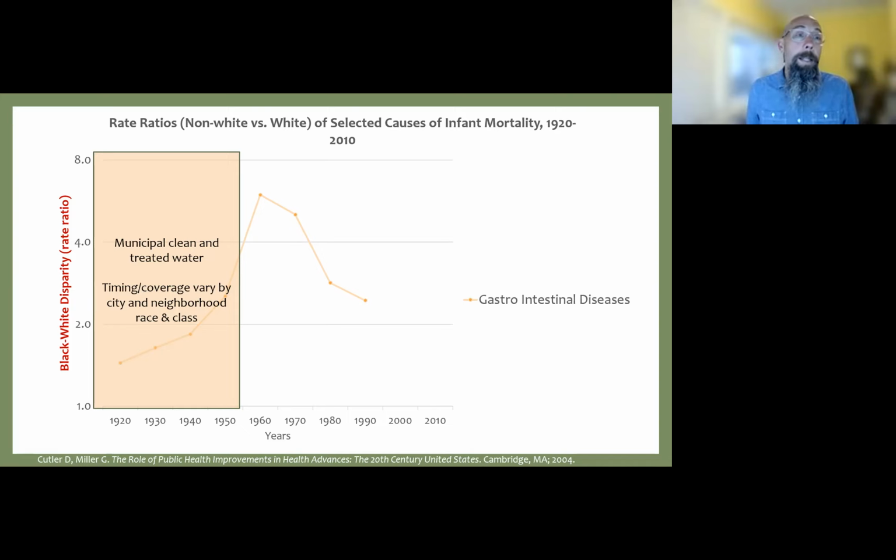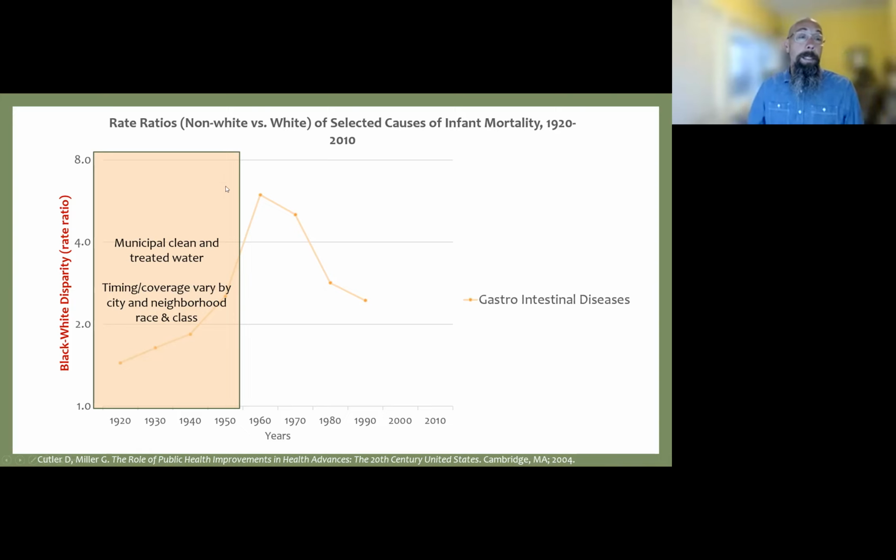And immigrant neighborhoods, communities of color, low-income neighborhoods got services later. So essentially, the reason this disparity shoots up is because infant mortality from gastrointestinal disease declined among white babies while it stayed the same among Black babies. And so the relative gap just shot up, it got really high.